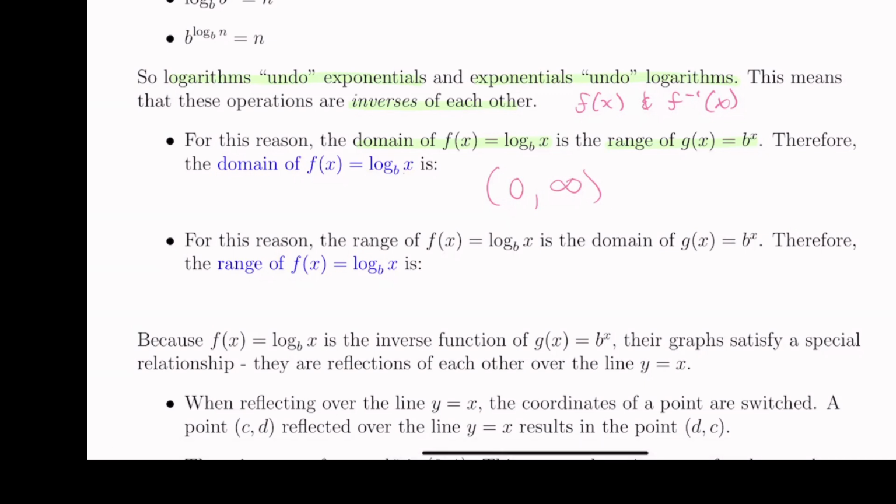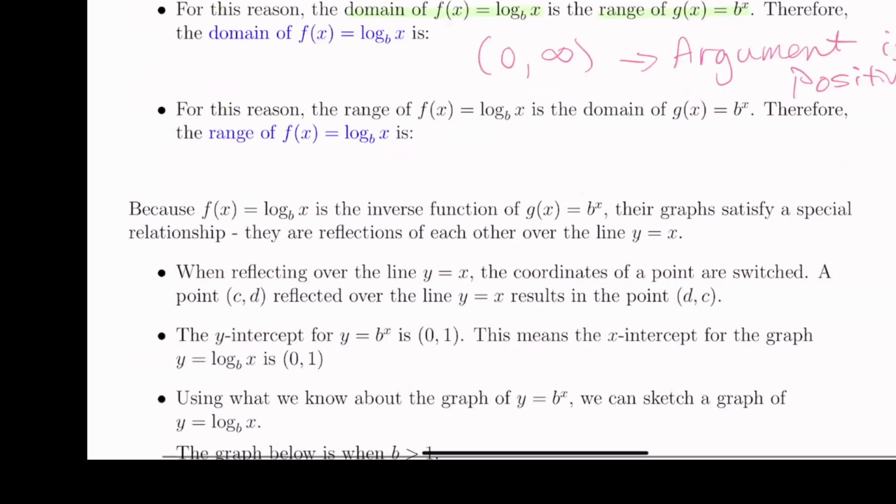Well, we already talked about the fact that the argument had to be positive. So our argument is positive. And the range of our log is the domain of our exponential functions.